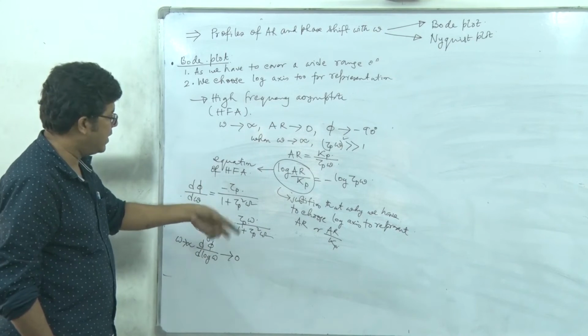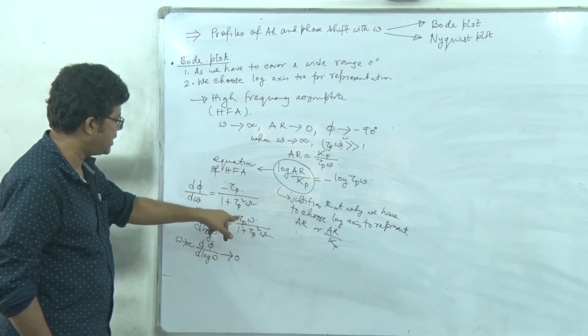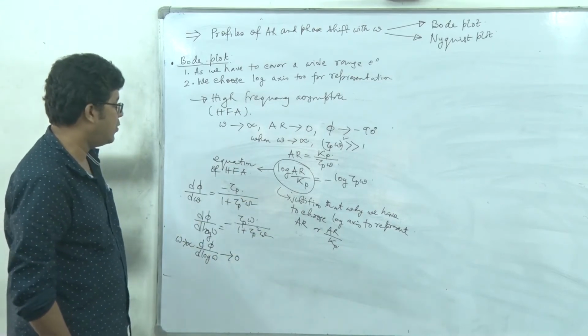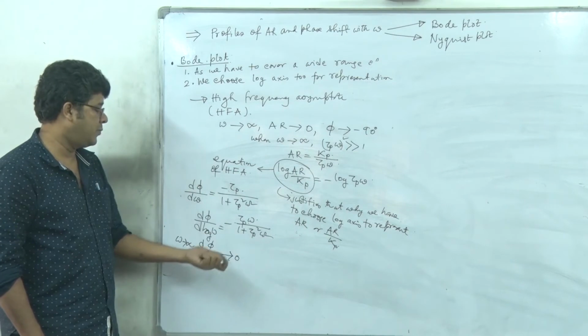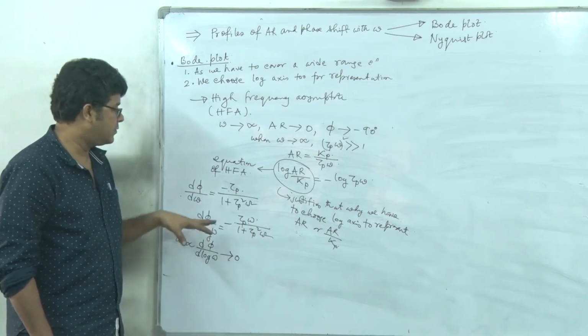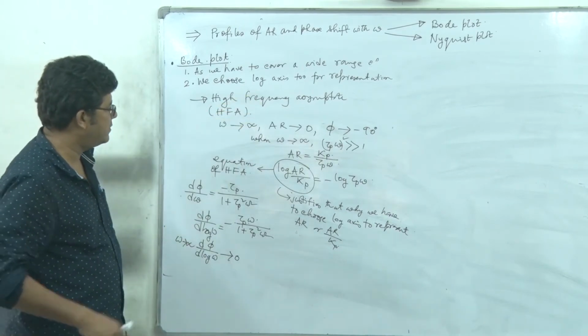So we can use L'Hospital and take the derivative. Here in the numerator it will be tau p, in the denominator we will have 2 tau p square omega. So if we put the limit omega tending to infinity, the entire term vanishes. So actually the slope of this curve will be again 0.